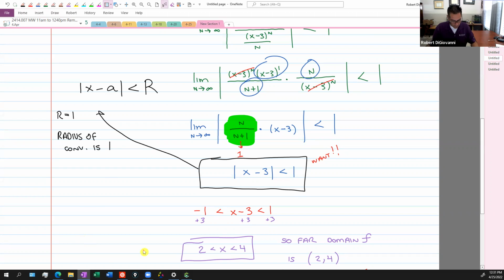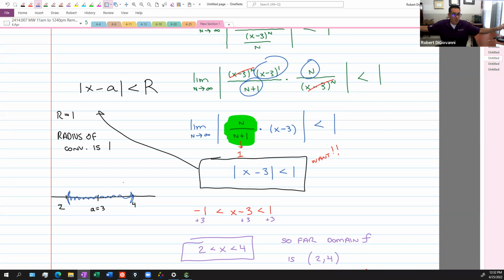Now let me try and explain why they call it the radius of convergence. What was our interval? Our interval was everything between 2 and 4, right? So if I draw a number line, A was 3. And our radius of convergence is 1, which means if we go out one unit in each direction, I would be at 4 and at 2, wouldn't I? And what we know is that everything between 2 and 4 works, right? That's where the name radius comes from. It's kind of like a distance from a center point.